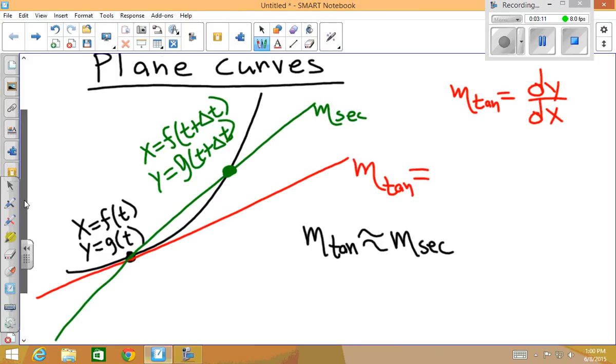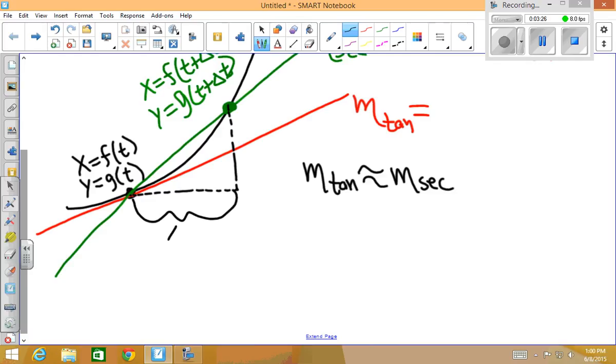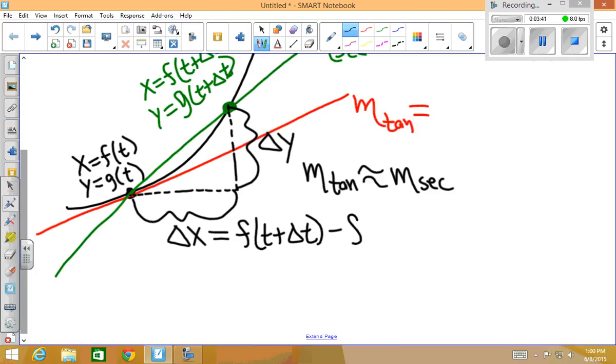Let's look again at the pictures themselves. Remember, this picture is in the xy coordinate plane. So this distance could be described as delta x, and this distance as delta y, the change in y. Delta x would technically be f of t plus delta t minus f of t.